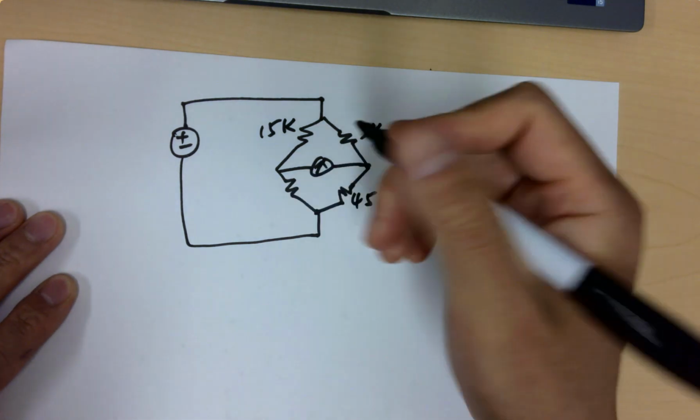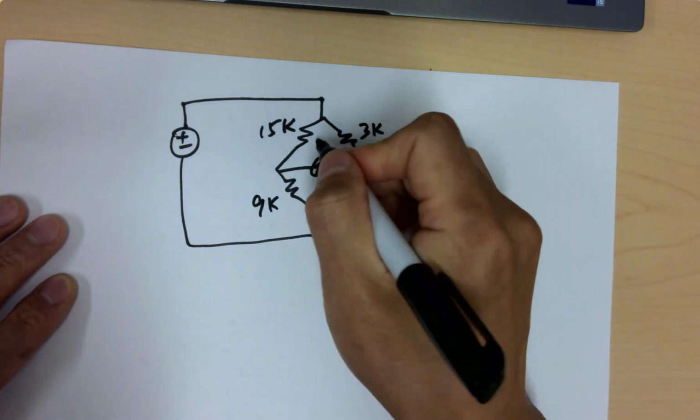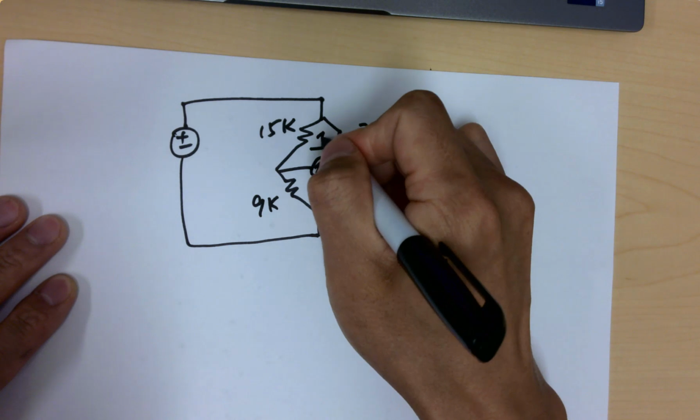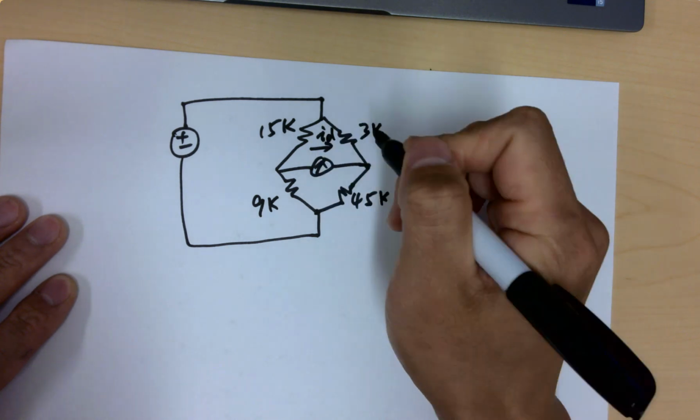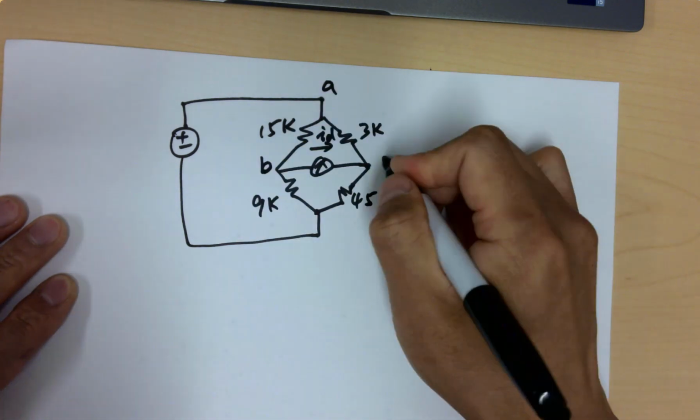Anyway, it's just a circuit problem. Let's just solve it. It's telling you that the current across this detector is ID, and here are nodes A, B, C, and D.